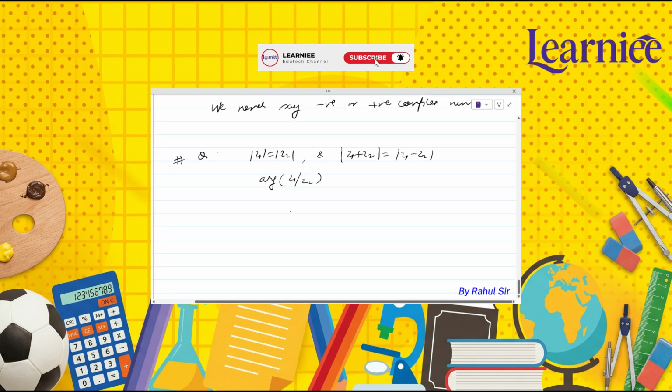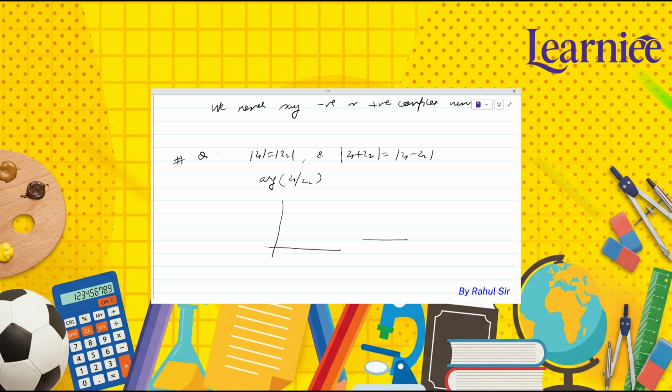In this case, the magnitudes of z1 and z2 are equal, and they say the addition and the subtraction are equal. So z1 plus z2 and z2 minus z1 are equal. Essentially, what does it mean?